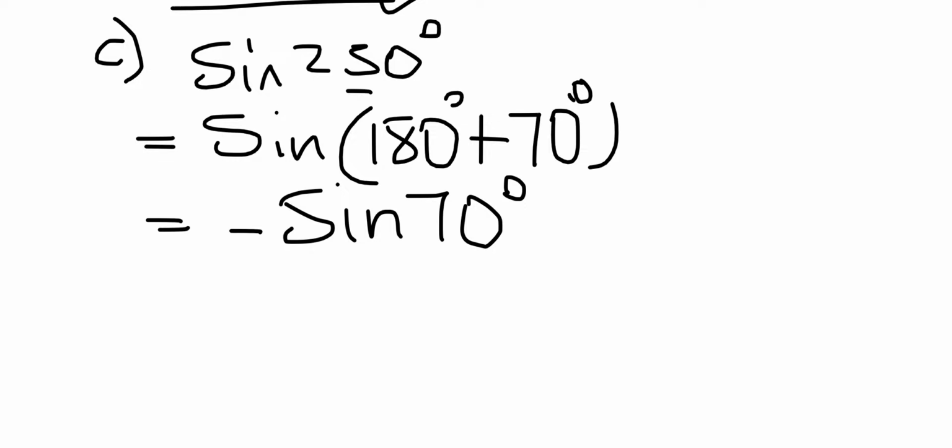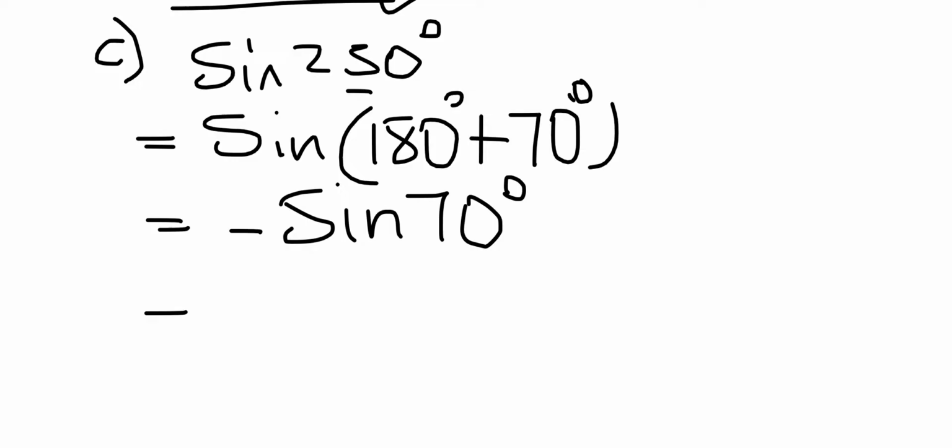But the problem now is that we are having our angle there as 70 degrees, and we don't want it as 70, but we want it as 20 degrees. How are we going to change it from 70 to 20?